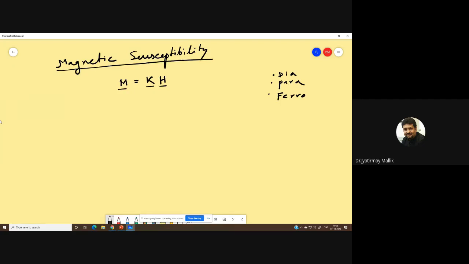Within ferromagnetic we also looked into some classes. One of the things that we talked about in the last class is that this susceptibility K is anisotropic.